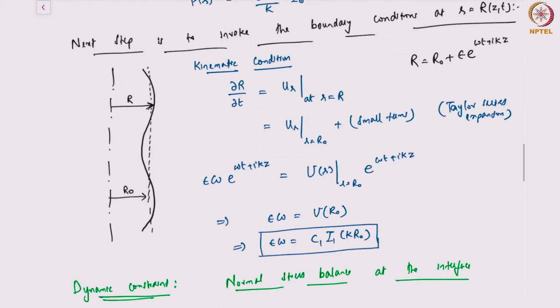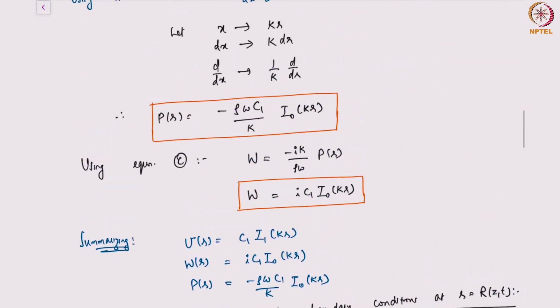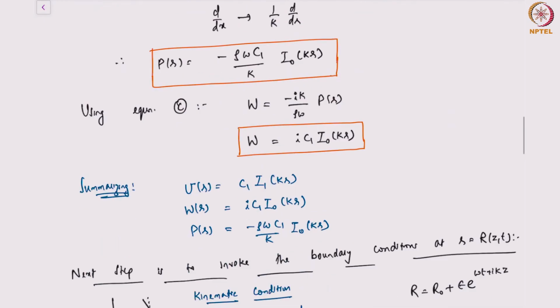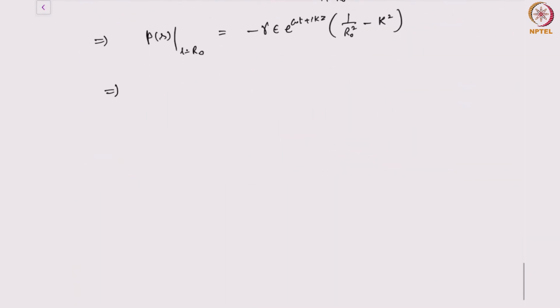It is minus rho omega C1 by k I naught of k R. Alright, I can substitute this. I have minus rho omega C1 by k I naught of k R naught will be minus gamma epsilon, this is capital P times e power omega t plus I k z.